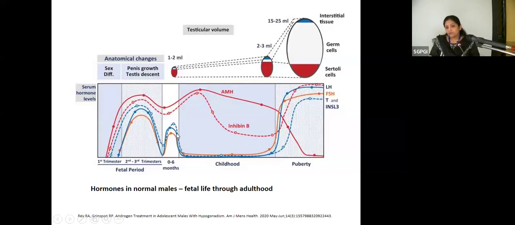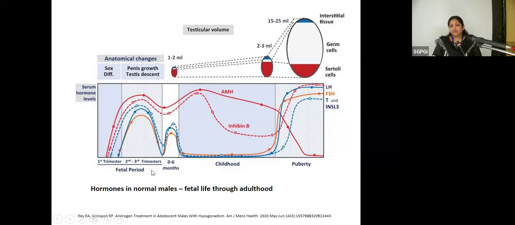And it is said that sometimes these Sertoli cell peptides can be used to differentiate between CHH and CDGP, as we see that the CHH children will not have the phase of mini puberty, so there will not be an increase in inhibin and AMH levels.